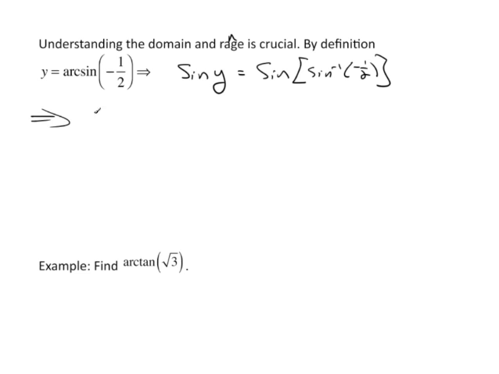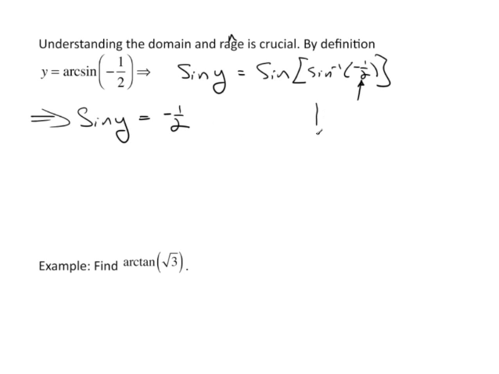Well, that implies that sine of y is equal to sine of sine inverse, that's like saying f of f inverse, which is just negative 1/2. So what this is saying is find the angle such that sine is equal to a negative 1/2.